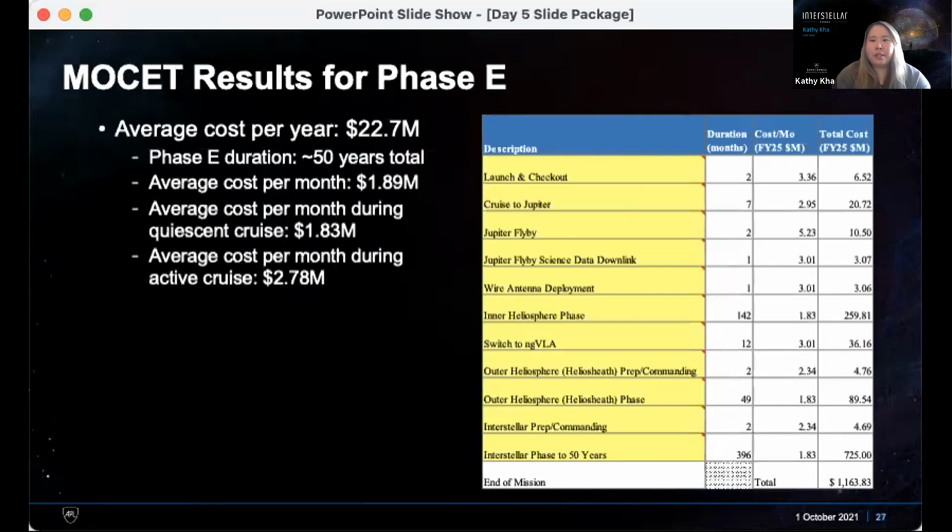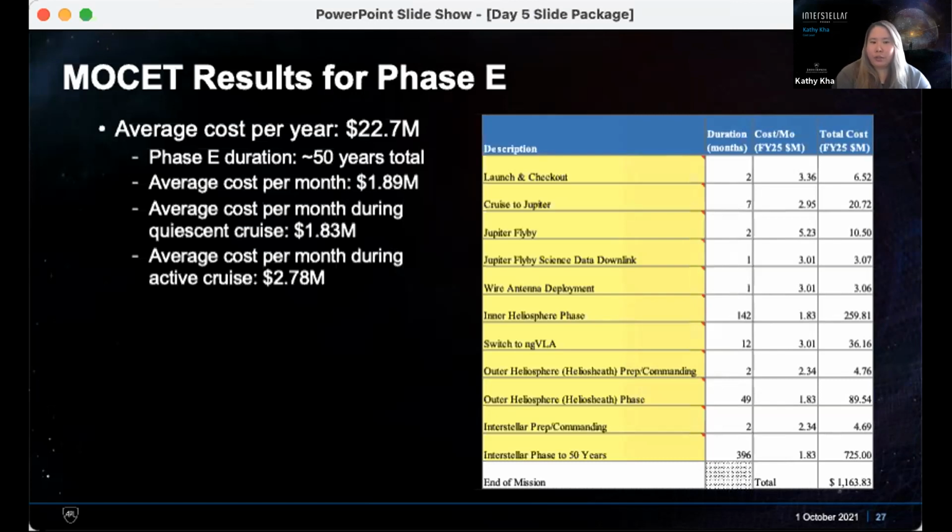Okay, so this is the cost model results for the tool we ran for phase E. Again, like I was saying, the average cost per year for phase E is 22.7 million, over that 50-year duration. On a per month basis, that's around 1.9 million.